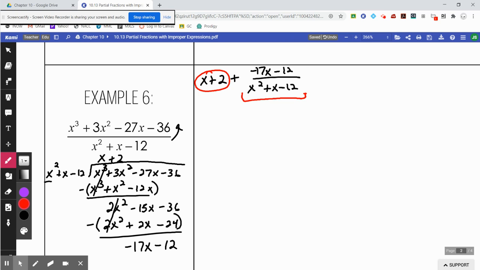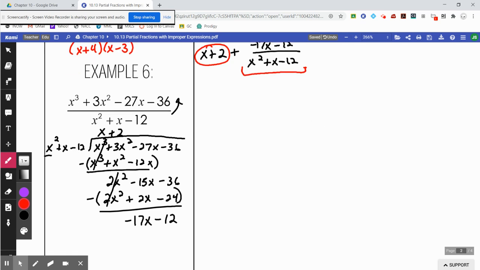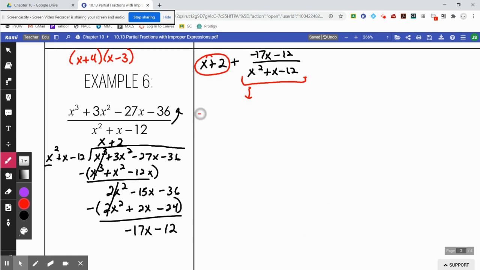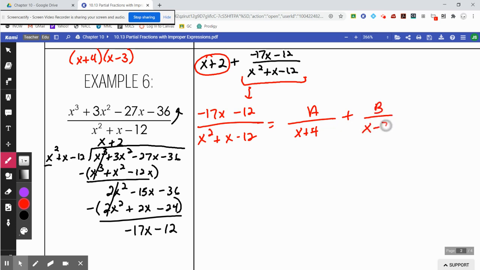And let's decompose the proper fraction by first off factoring the bottom. The bottom's going to factor into an x plus 4 and an x minus 3. So let's come down here and decompose negative 17x minus 12 over x squared plus x minus 12 equals a over x plus 4 plus b over x minus 3.